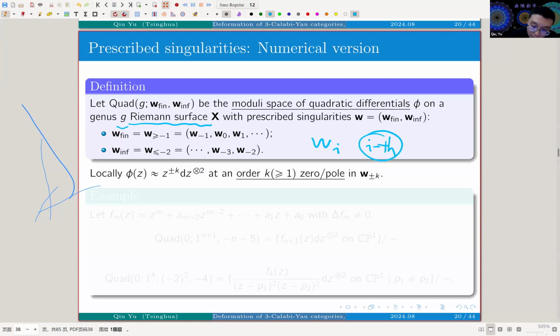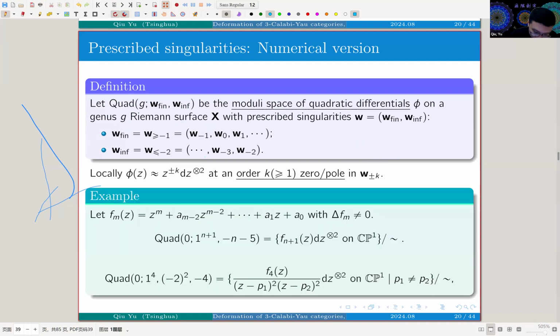If it's bigger than zero, it's a zero of this quadratic differential, which locally you will have something like that, in coordinates. So it is a section of the cotangent bundle tensor square. For w_i equal to -1, you have a pole of the quadratic differential.